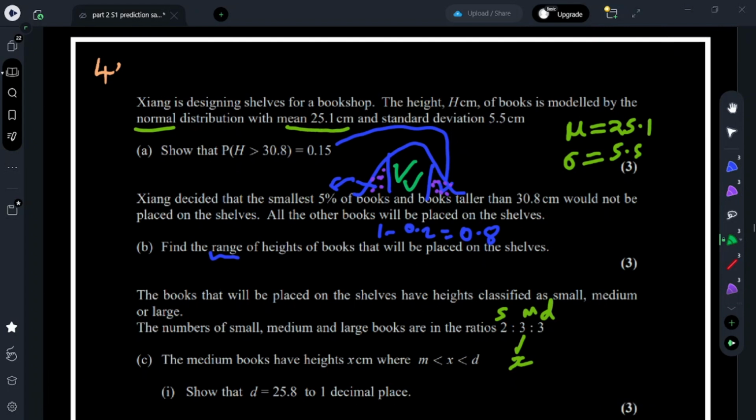So we want to know how we get this range. What is the Z value here and what is the Z value here? We already know the X value, or the H value, which is 30.8. So the upper boundary of the range we know, and we are looking for the lower boundary of the range.